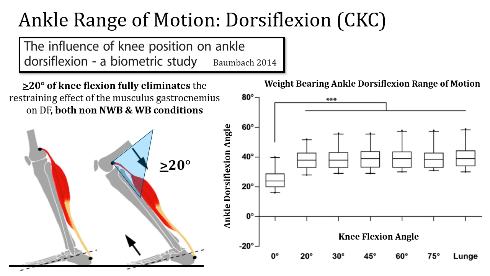I had endorsed earlier within the lecture that in the open kinetic chain dorsiflexion assessment, I bend the knee to 90 degrees. Why do I do that? Because it ensures that I can be very consistent and replicate my assessment. If I flex the knee to 70 degrees, I may not know exactly where that 70 degrees is or that 45 degrees is.